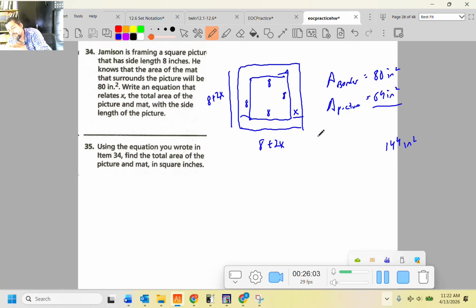And if I talk about the new square, its area would be 8 plus twice x squared, because of the area of a square. And this is a problem. Why, juniors, I don't understand. It's because you don't even know how to find the area of a square, bro. This is not a problem for me. This is a you problem.